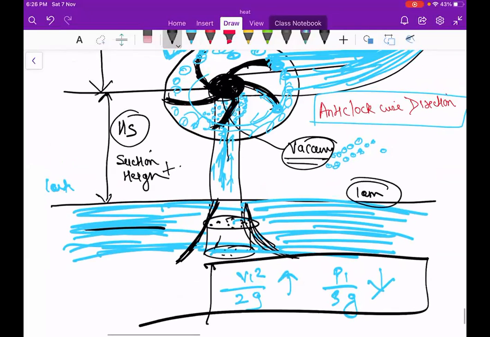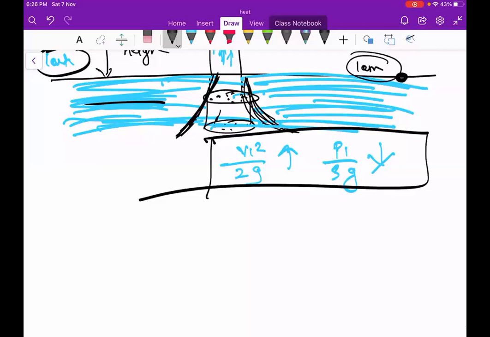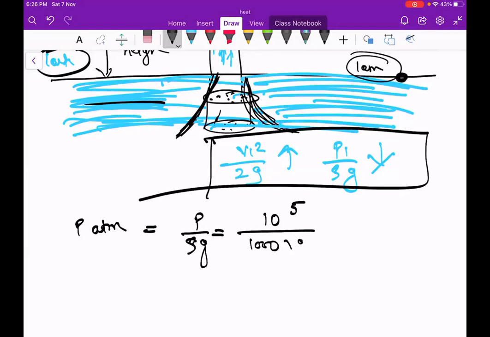Now, I have told you that centrifugal pumps are good pushers, but there is a difficulty in pulling. So what is this atm pressure? 1 atm. If I calculate the value of P atm equals P by rho g, what is 1 atm in Pascal? 10 to the power 5 upon, suppose I am taking water, into g 9.8.